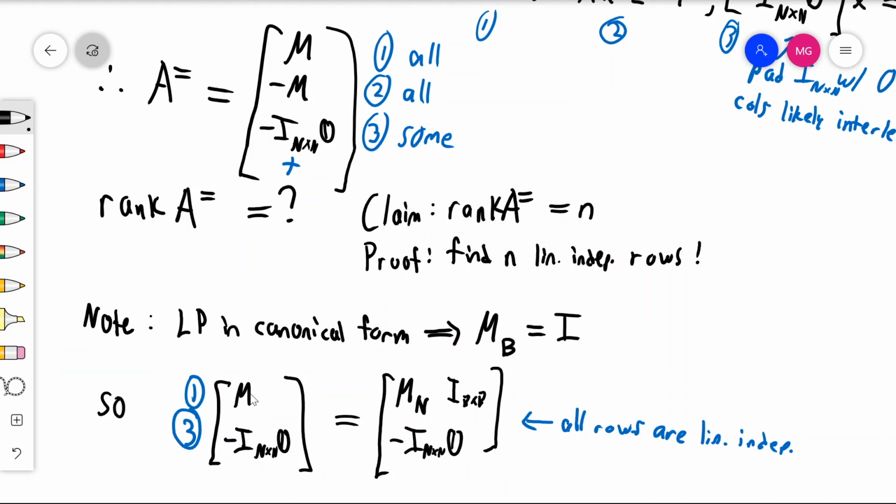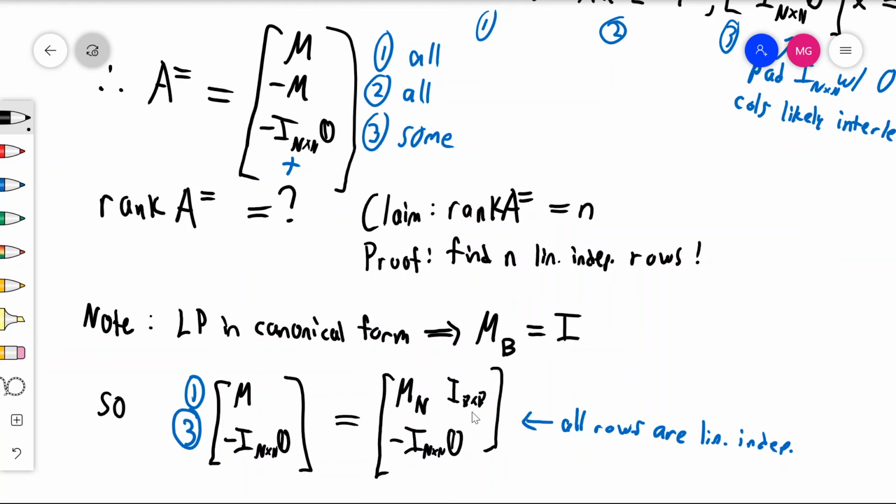And for those, let's split everything up into the non-basic and basic parts. We've already done that for the part down below in the second row block. For the top row block, we have the non-basic components of M, and then the basic columns of M.